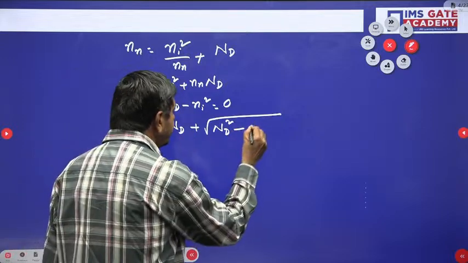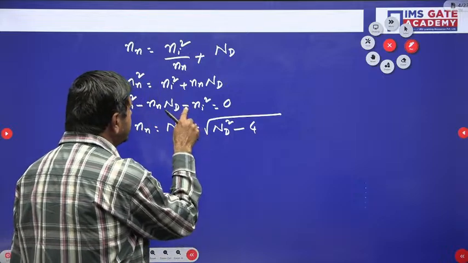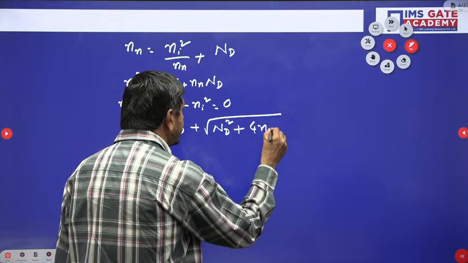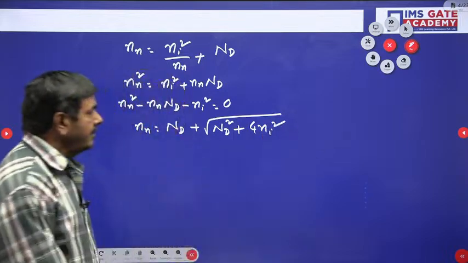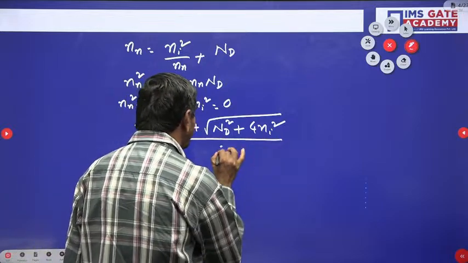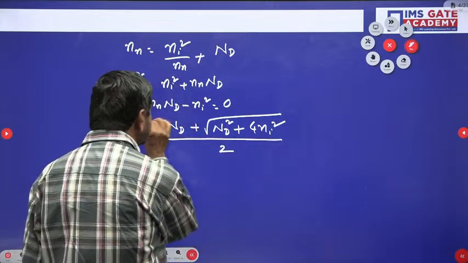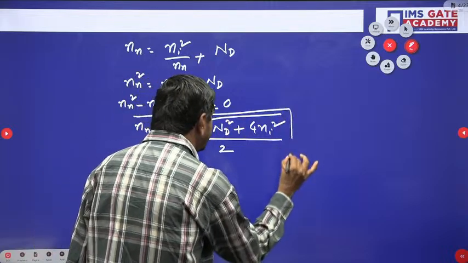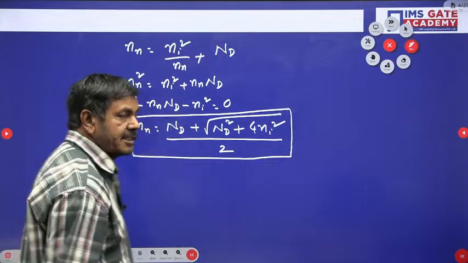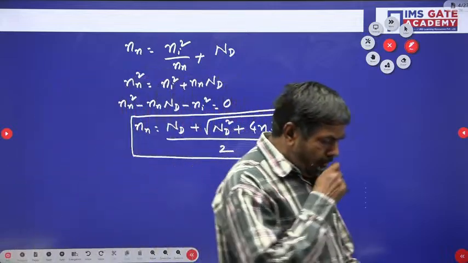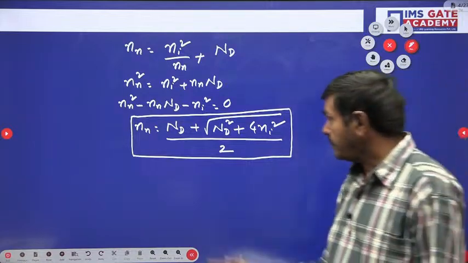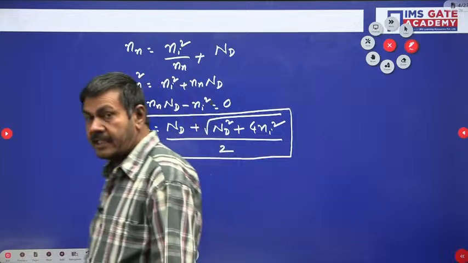Generally they will take the plus value, because only a positive value of Nn is possible, negative is not possible. Here a is 1 and c is minus Ni square, so 4ac gives 4 Ni square, all divided by 2a. This is the formula. By using this formula, you can determine the concentration of electrons in an n-type extrinsic semiconductor. I hope you followed.